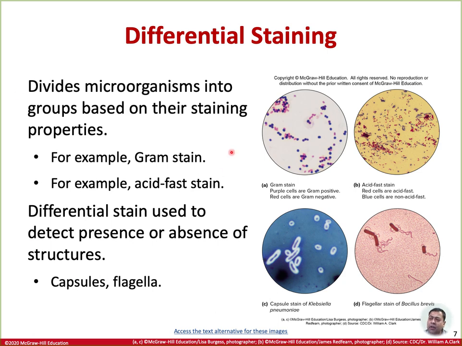There are many different types, and the classic example is the Gram stain, which was developed in 1884 by a Danish physician, Christian Gram, and is the most widely used staining procedure in bacteriology. The Gram stain is a classic example of a differential staining procedure, distinguishing organisms based on their staining properties.